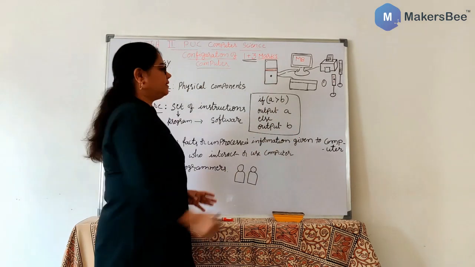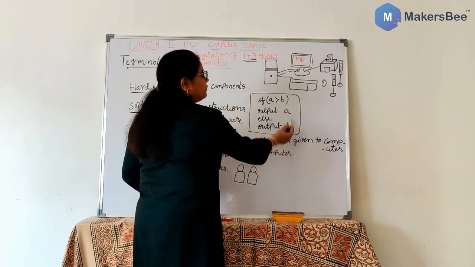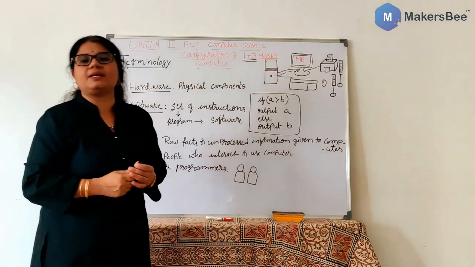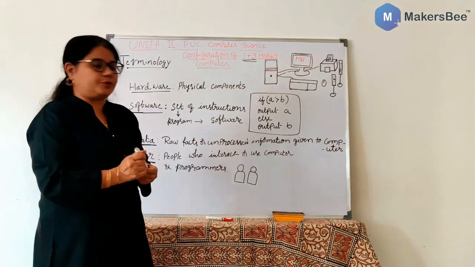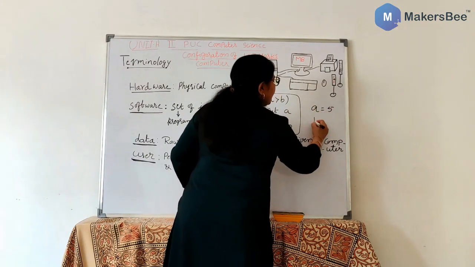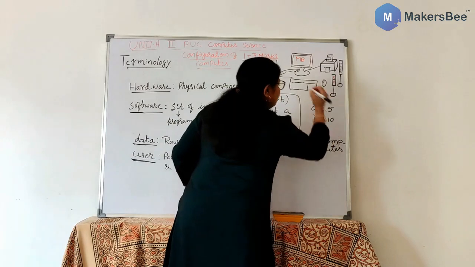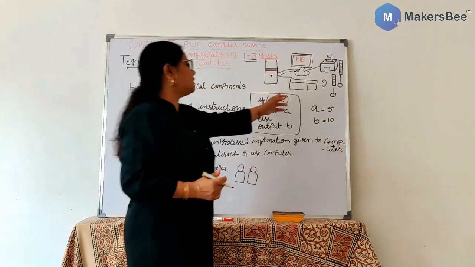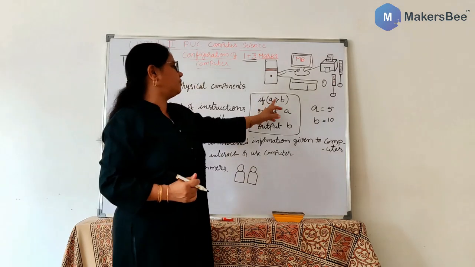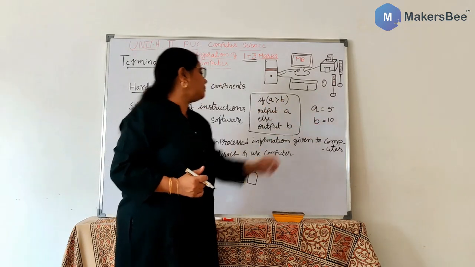What is the meaning of this? The computer should check which one is the bigger from this, and it should give the bigger number as the output. So let us have 5 as A and 10 as B. Now the computer checks between these two numbers for the greater number.